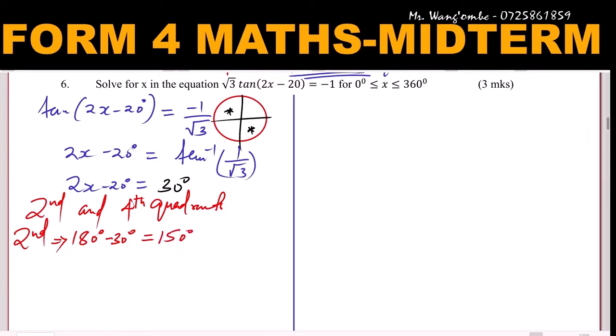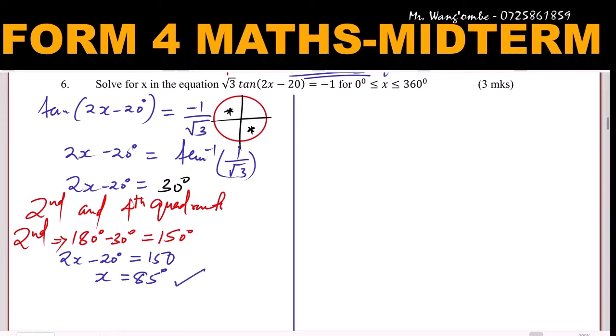Now getting the value of x using that, we have 2x subtract 20 equals 150. So here x will be 85 degrees. That is the first solution.